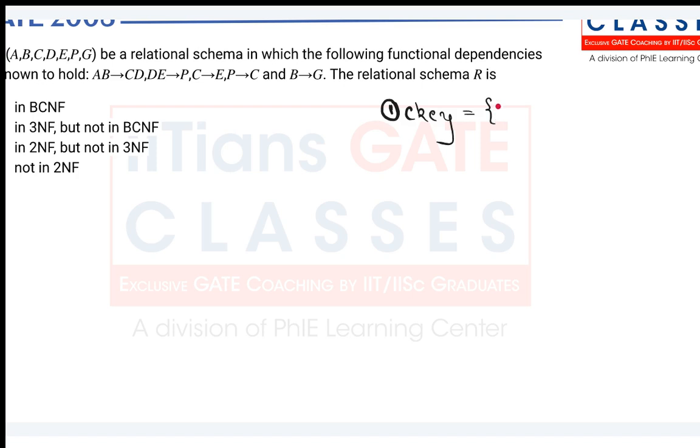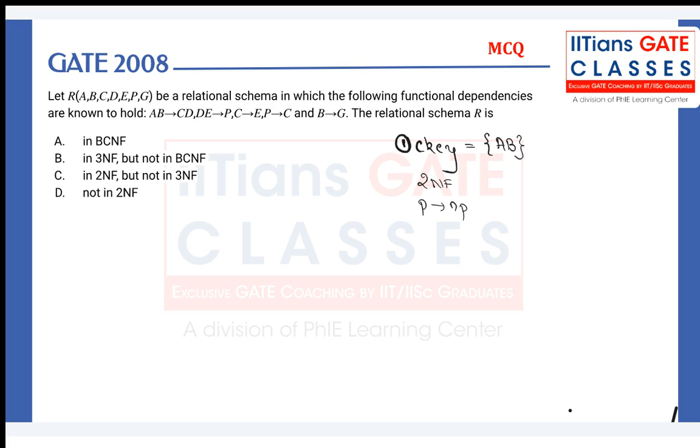So 1NF. For 2NF, there is prime D, where the LHS, now let's try to club them together. The LHS is a proper subset of a candidate key. Is there a functional dependency like that?